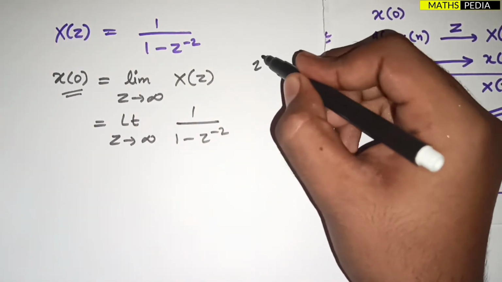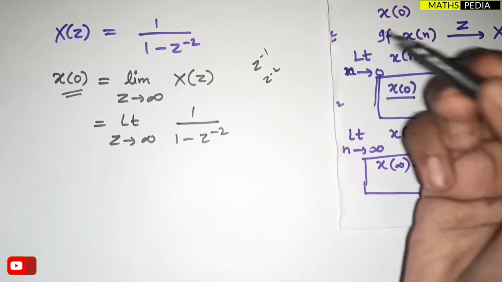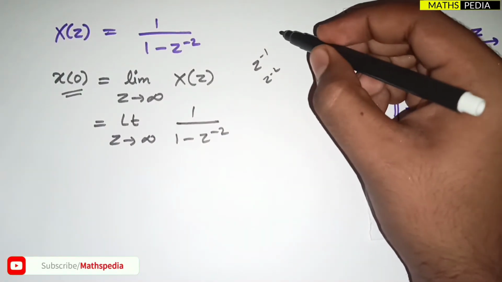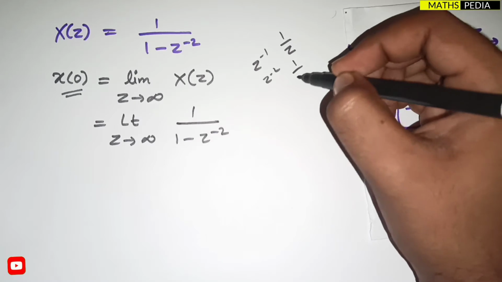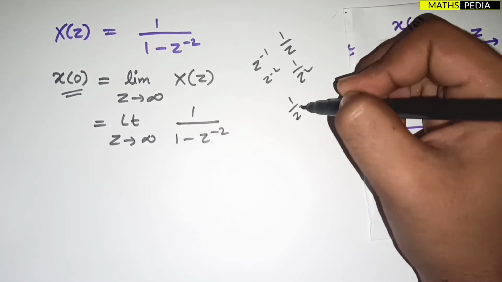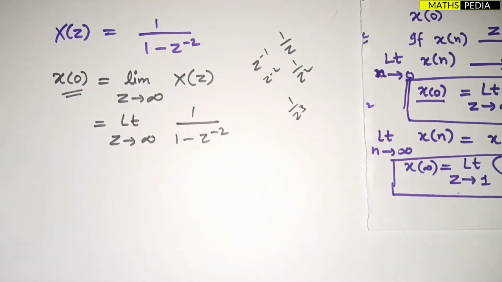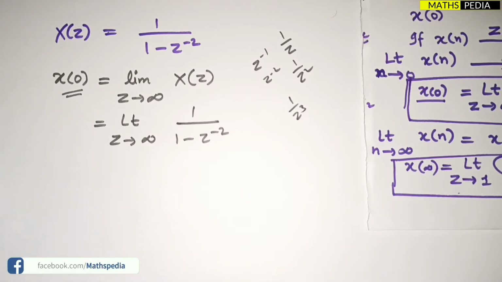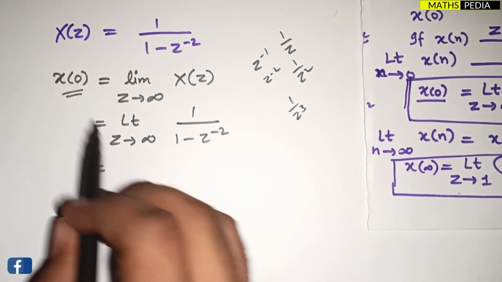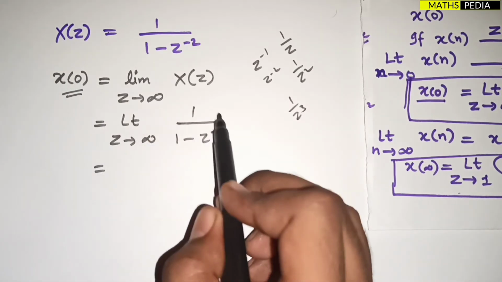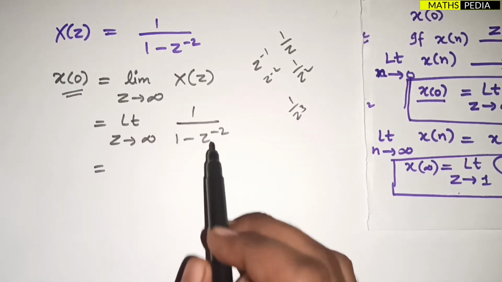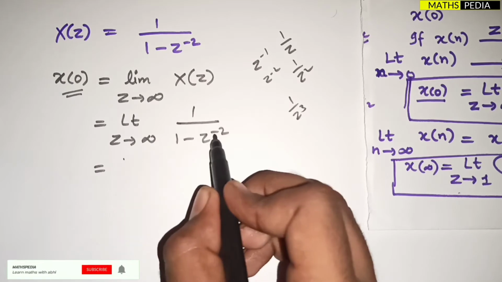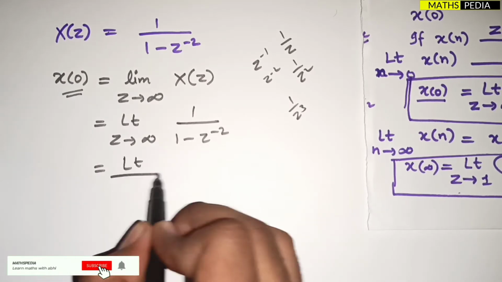That means it should be z power minus 1, z power minus 2, like that. In other words, it should be in the form of 1 by z, 1 by z power 2, 1 by z power 3. Since we are putting z tends to infinity, that's why. So in the initial value, you have to remember it should be in the form of negative powers. So when I put it here, I'll just simplify this.